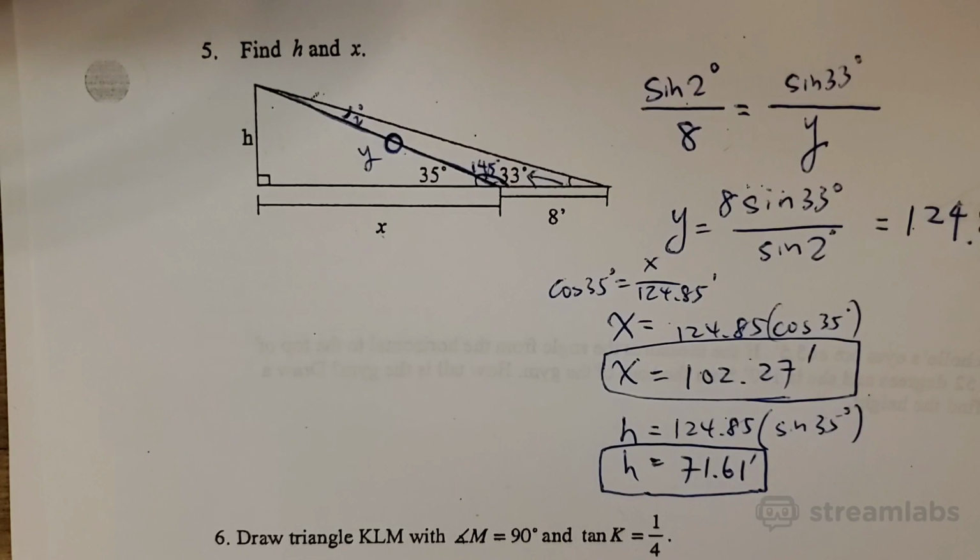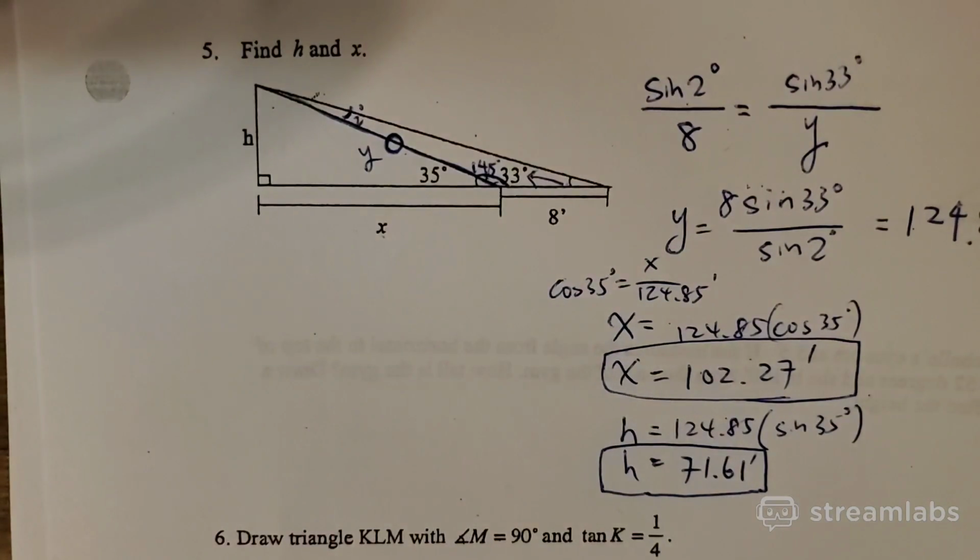Okay, so the next one requested was, let me type it in. It's 8.3 number 2. Same thing in pre-calc. 8.3 number 2.